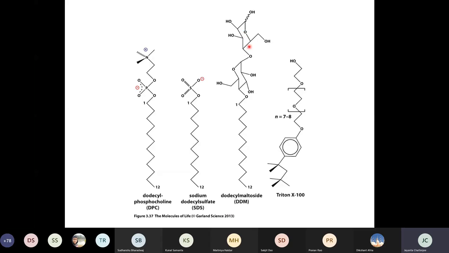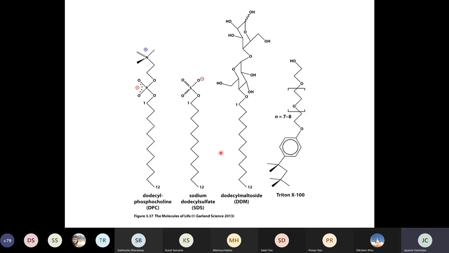Likewise you have Triton X, and these are very mild detergents. That is why they are not typically used for denaturing protein, but rather for solubilizing membrane proteins, meaning proteins embedded in the membrane. To study their structure, you have to get them out of the membrane.